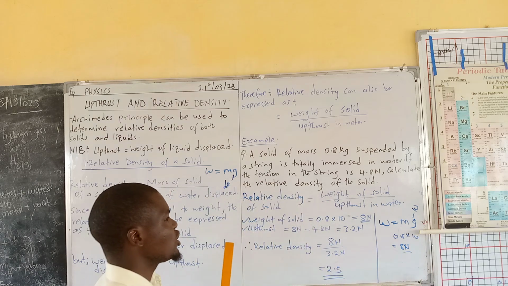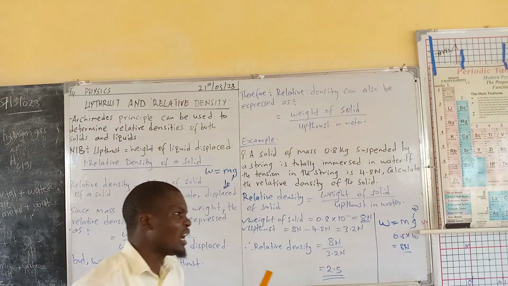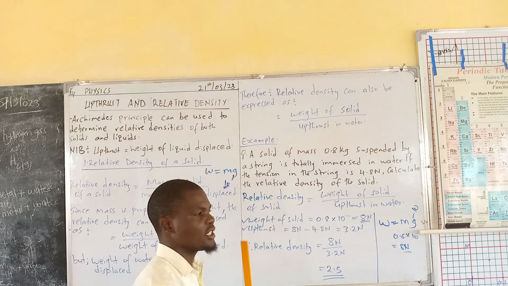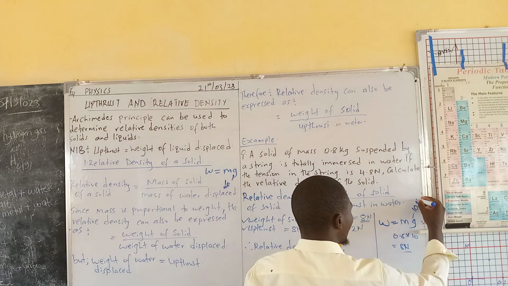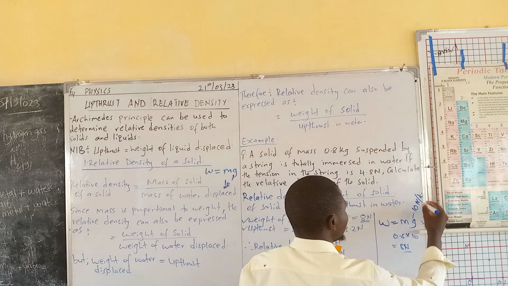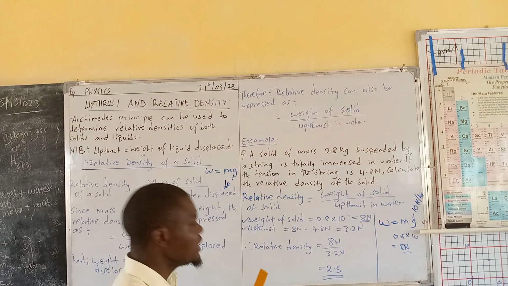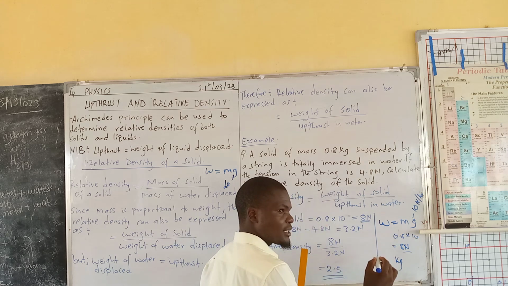Maybe there are those who might be asking, what are the units of gravity? It is 10 Newton per kg.